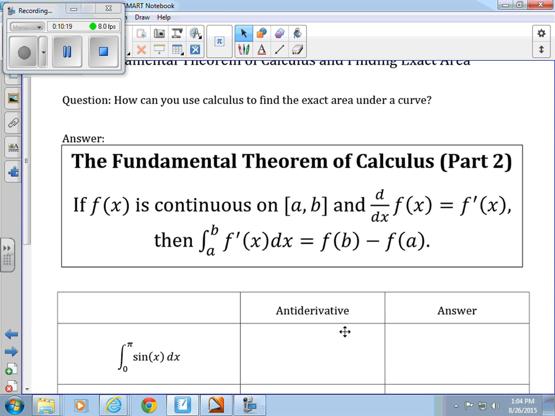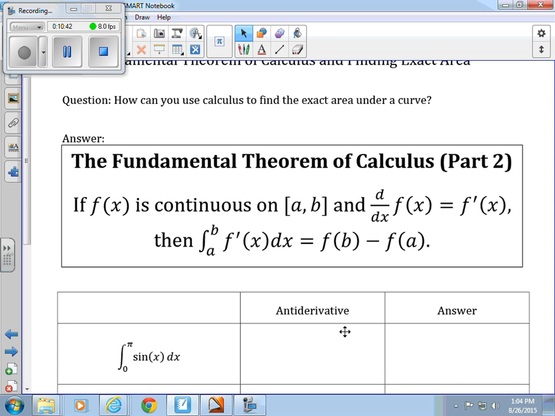It's the one that you learned yesterday. And technically, there's not really two parts. There are different versions. This is not very intuitive, right?